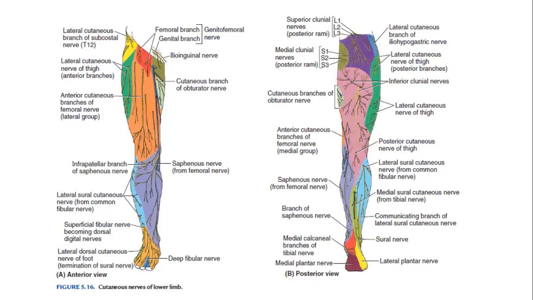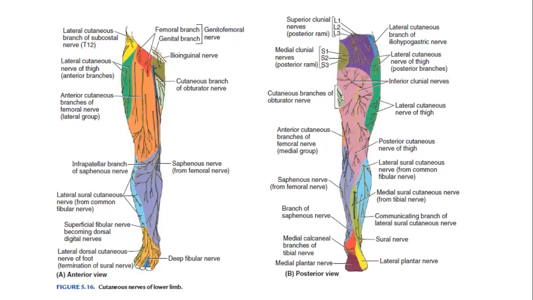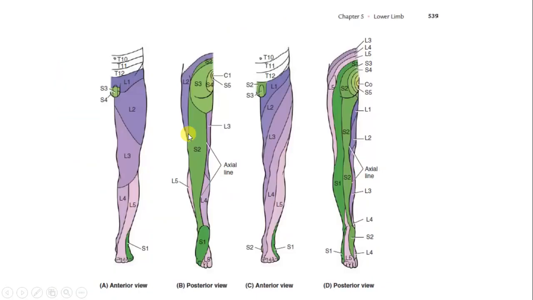So I have chosen these two diagrams to show the cutaneous nerve supply of the lower limb. These should be very well understood by the students, because when you are examining a patient, if there is a loss of nerve supply at a certain area, then you can understand which area can be affected.